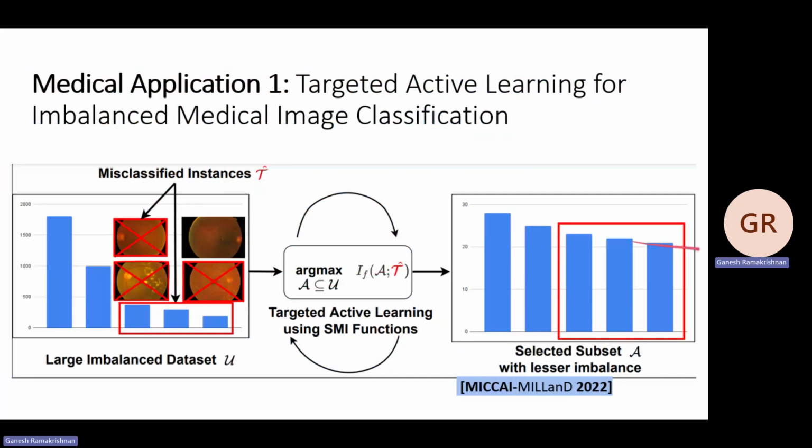You find that you're doing much better than the baseline. So typically the use of false negatives as target is very useful for boosting tail label accuracy.